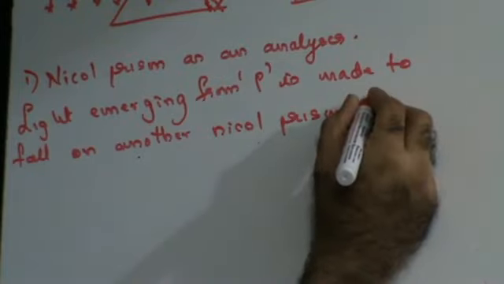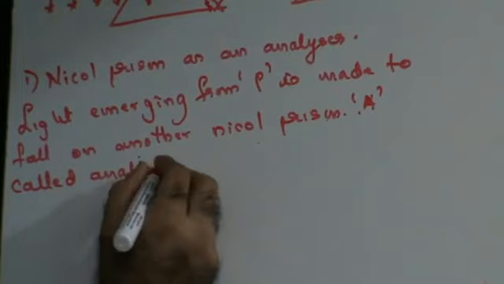This is another Nicol prism A, called the analyzer. Now initially what I'm going to do is keep the principal section of the polarizer and analyzer parallel to each other.